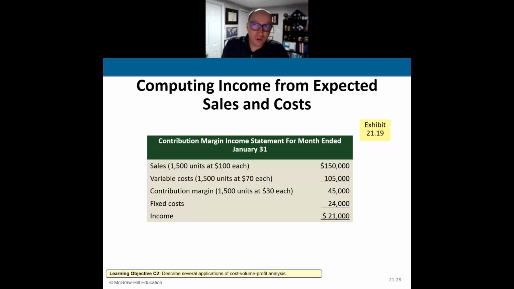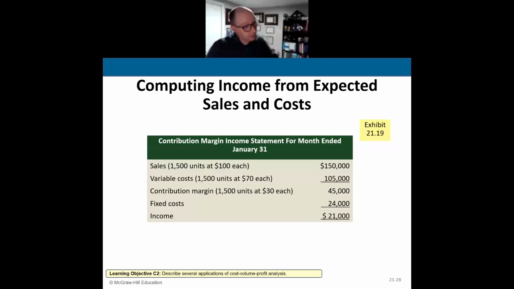Another thing we can do is to figure out how much income we expect to make. We call this target income. I can figure out how much income I expect to make, because I know what my break even is.